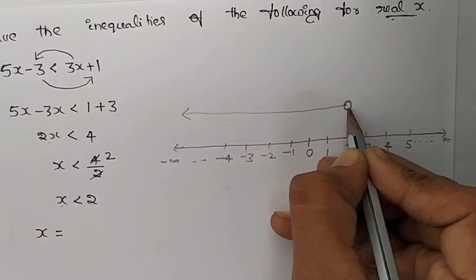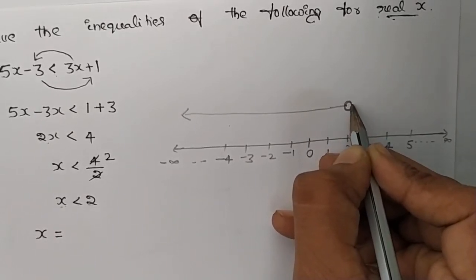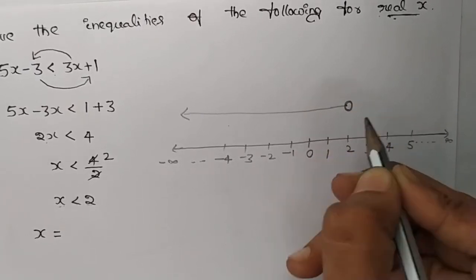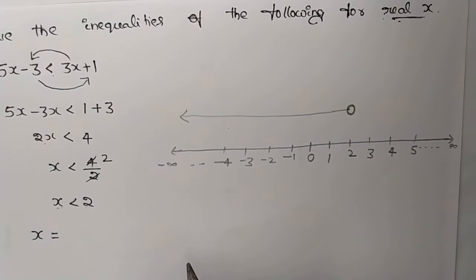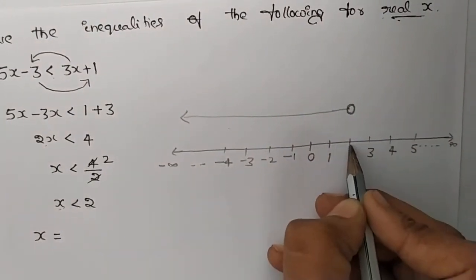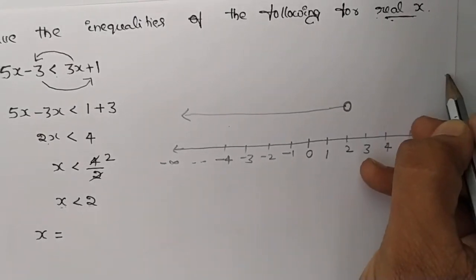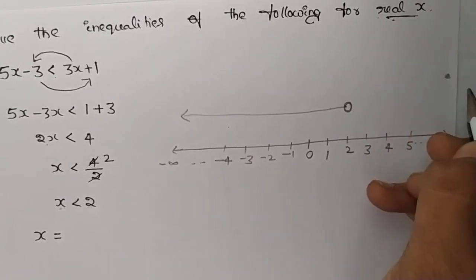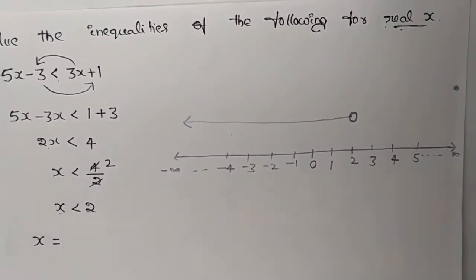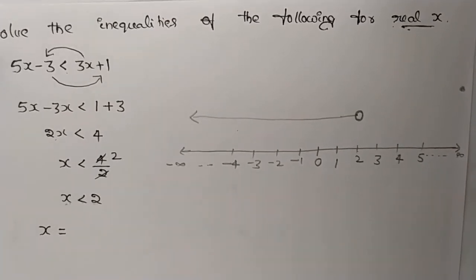In the first class of this linear inequality, I told you the symbols of the inequalities, the representation of the symbols. This symbol represents 2 is excluded. This symbol represents included, isn't it? You just see those symbols, you came to know which is included and which is not included.